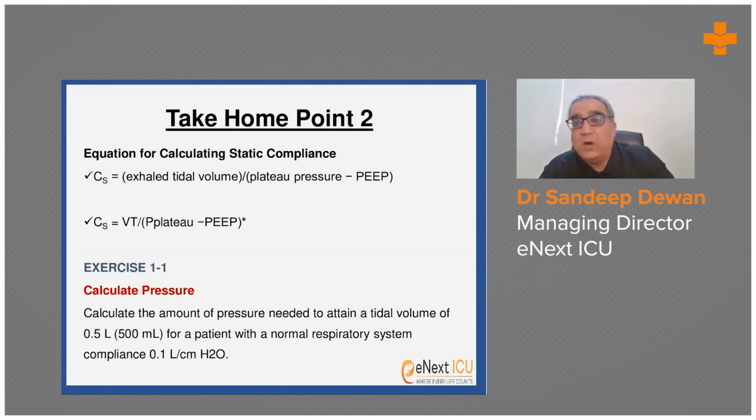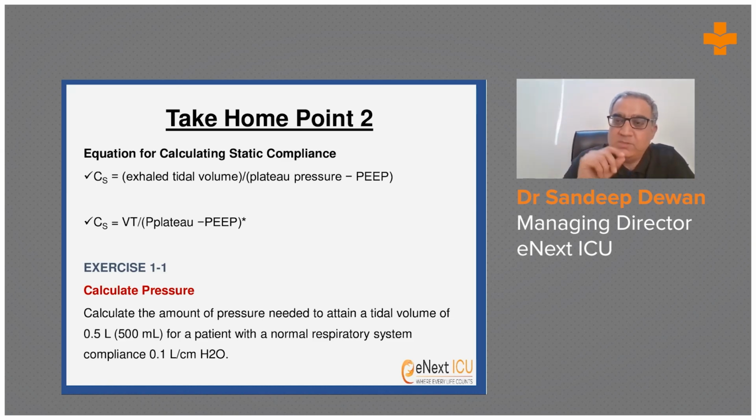So how do you measure the compliance on the ventilator? This was more of physiology. On the ventilator, we always have tidal volume. Suppose we have given a tidal volume of 400, which is denoted by the term VT. Then you have a plateau pressure, which is visible on the ventilator, and a peak.